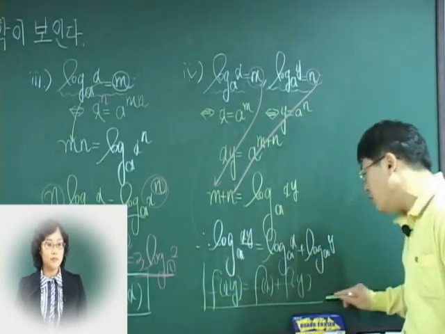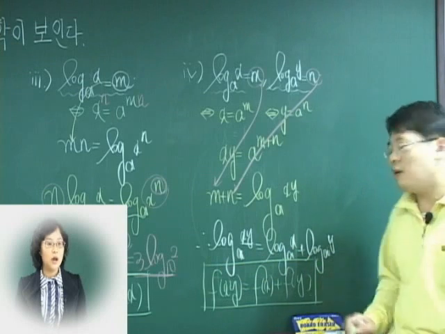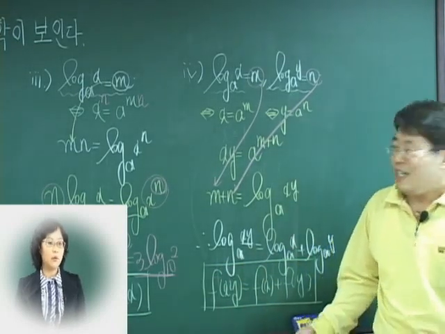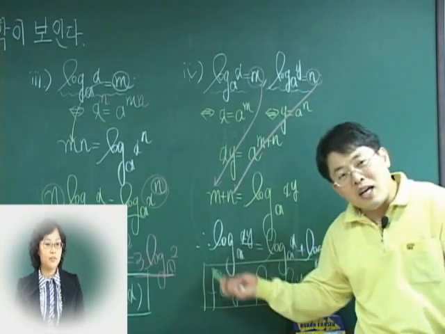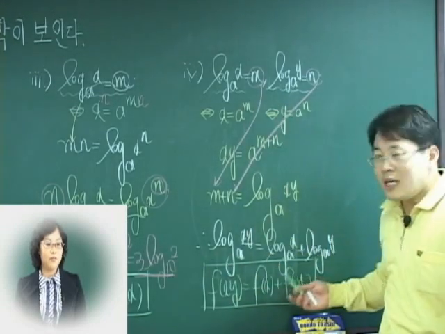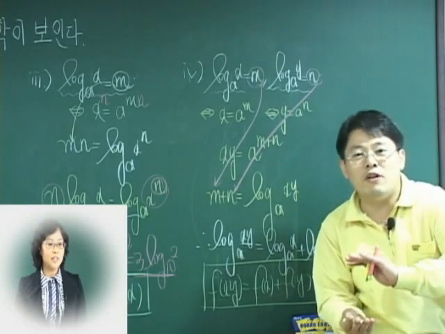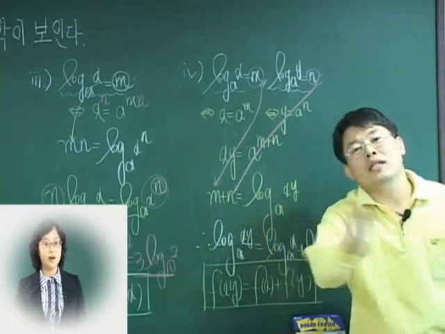When you see this kind of formula or these equations, this is about logarithm. Now we have learned 4 kinds, even the formulas are 4. If you don't study generally, it takes a lot of time.